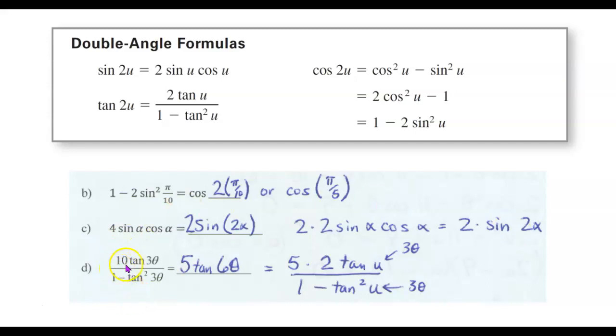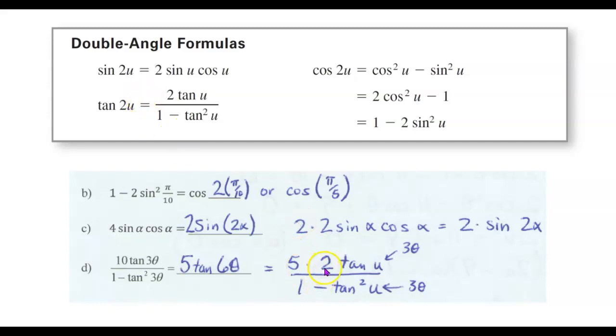And what about 10 times the tangent of 3 theta over 1 minus tangent squared of 3 theta? See anything that fits that pattern? Well, it looks a lot like 2 times the tangent of u over 1 minus tangent squared of u, but in place of u, we have 3 theta, and the number out in front isn't 2, it's 10, but we can break that 10 up into 5 times 2.